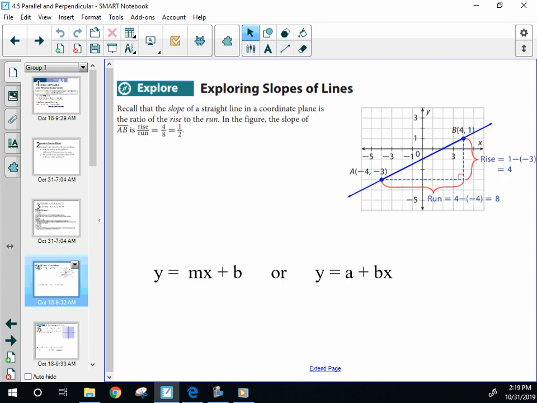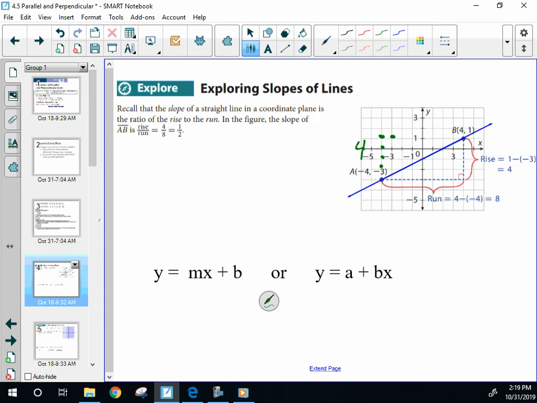Let me start out by talking about slopes. Recall that the slope of a straight line in the coordinate plane is the ratio of rise over run. In this figure, I'm going to look at the line AB, which you can see is the blue line on your paper. I do not like the triangle they put because they did run first. If we do rise, we go up 1, 2, 3, 4 units.